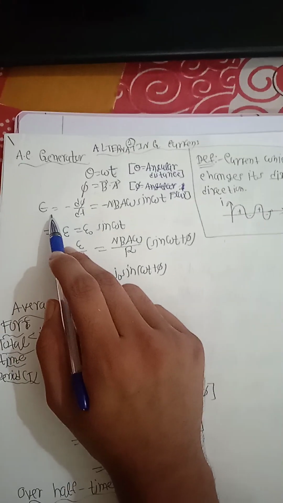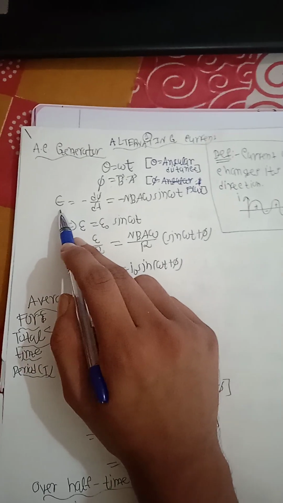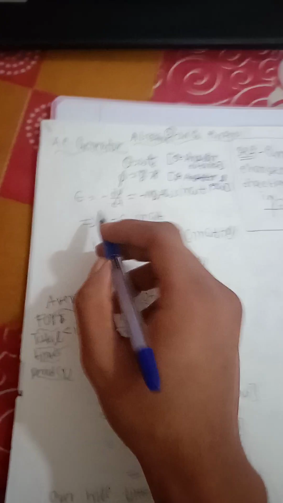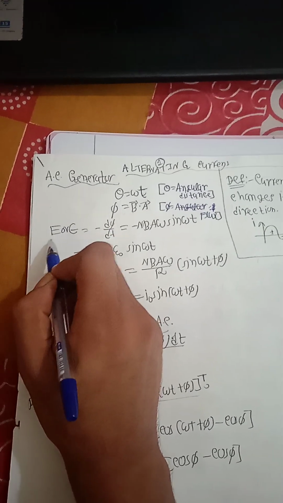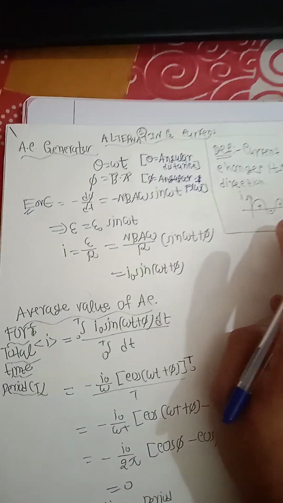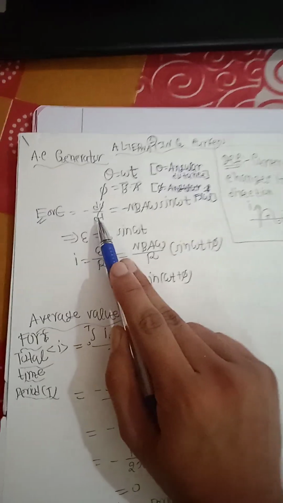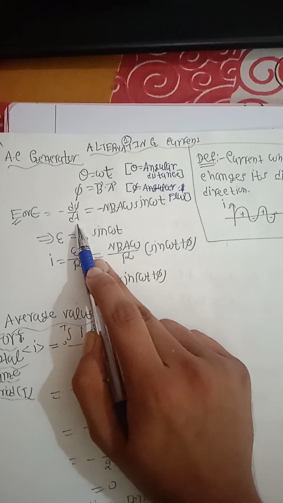Now the third formula is the electromagnetic field, E. You can denote it like this or like this as well. Both are your choice, no issues. So we know that EMF equals minus d phi by dt.